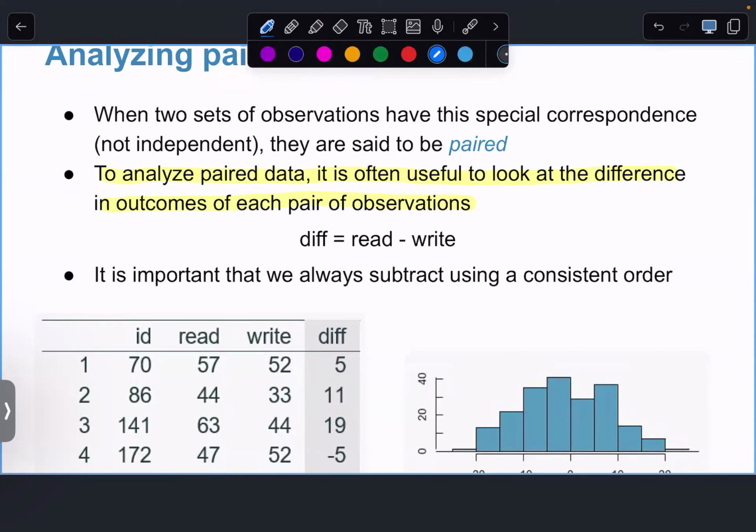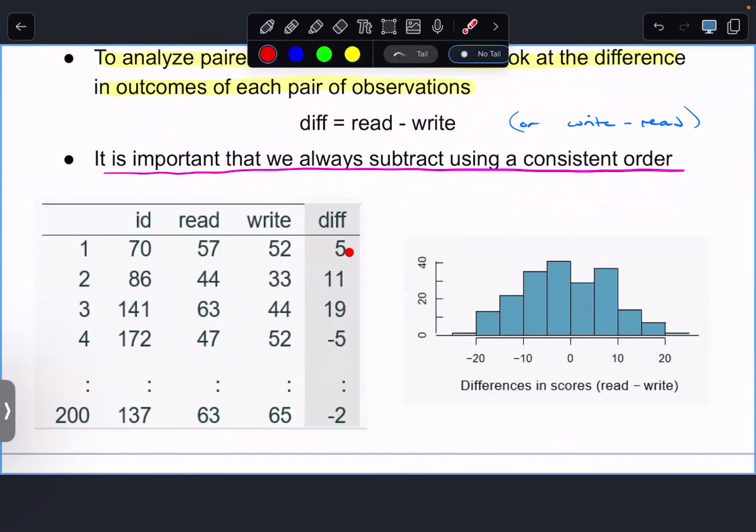And here I'll say write minus read. It doesn't matter as long as you're consistent in how you calculate your difference. You can't go from one minus the other and then all of a sudden halfway through switch, because then it doesn't mean anything.